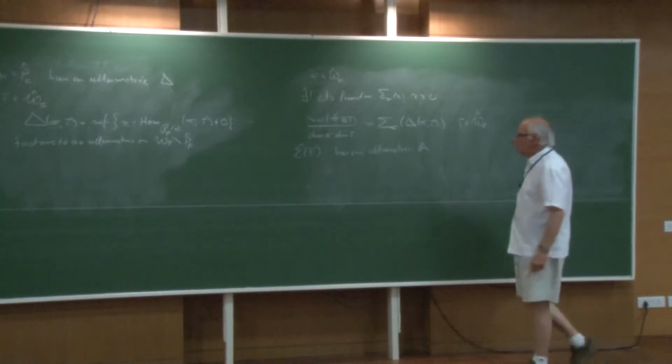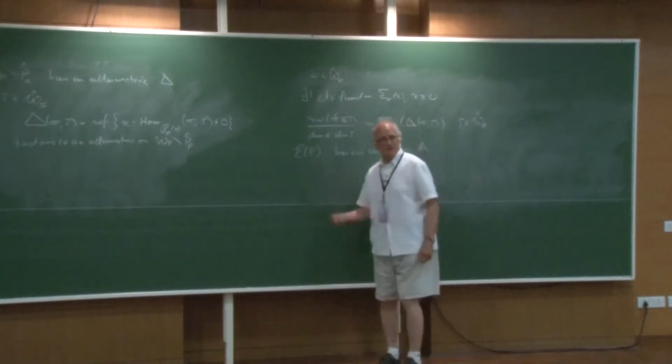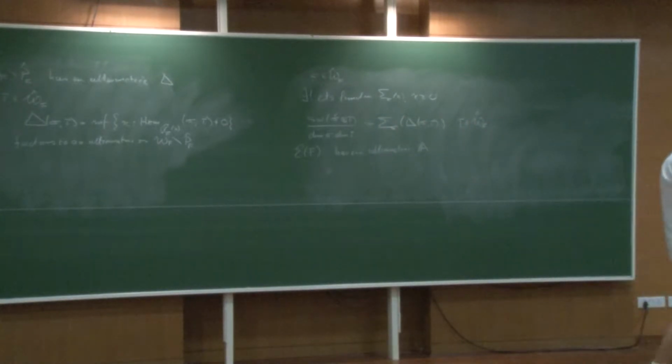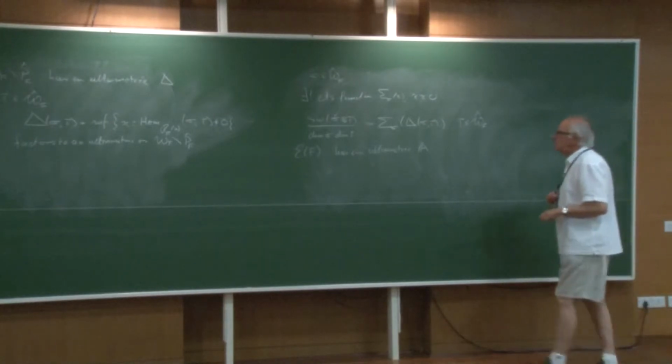But two endoclasses are close if they're endoclasses of two simple characters which agree on a big subgroup of the group that they're both defined on. Quite a performance to set it up.